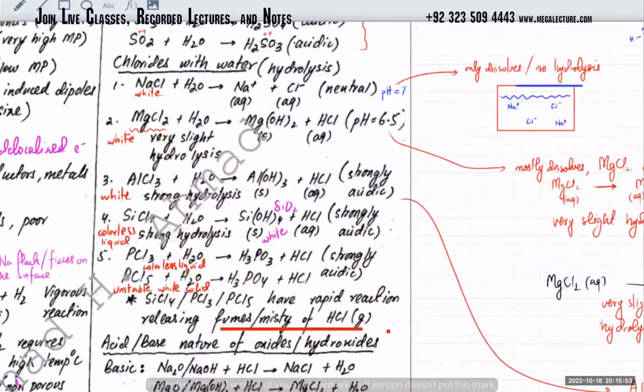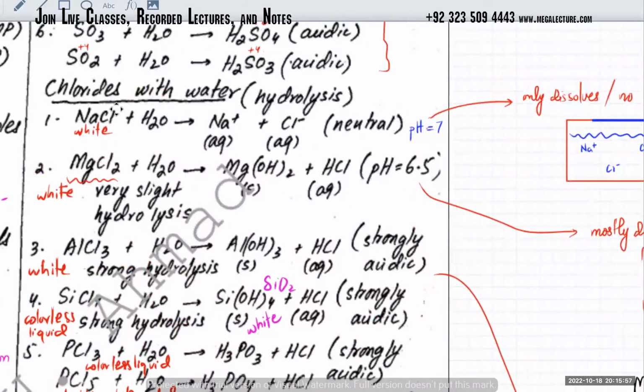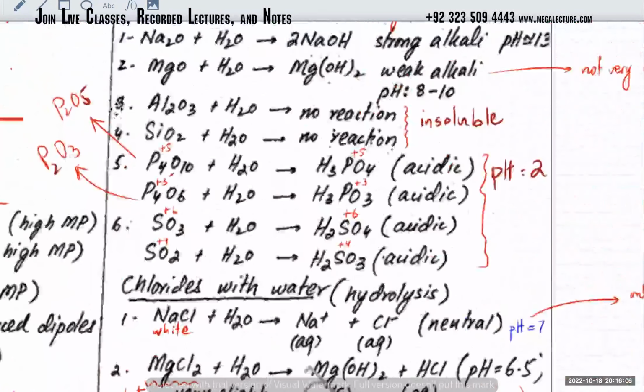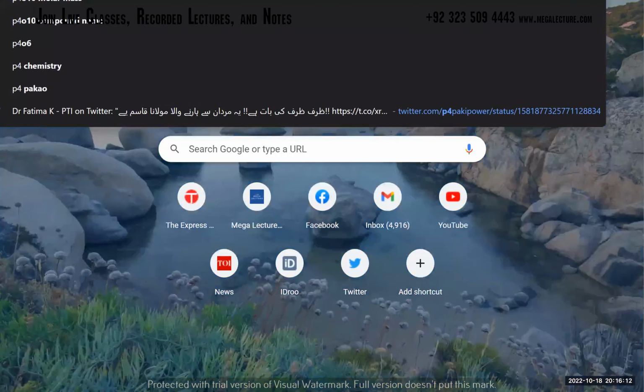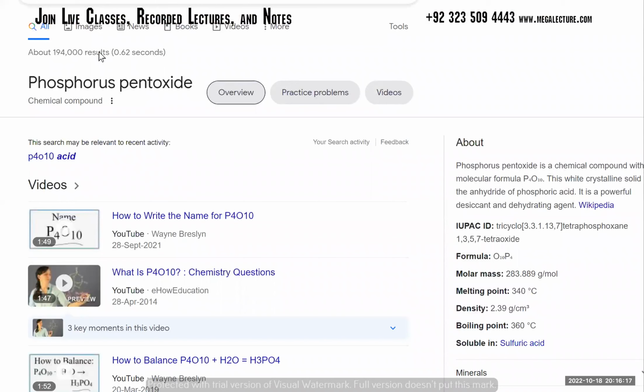Now what happens is the very first one, NaCl. That's a white solid. You need to know this as well. You should even know what the colors are. Like P4O10, phosphorus pentoxide.